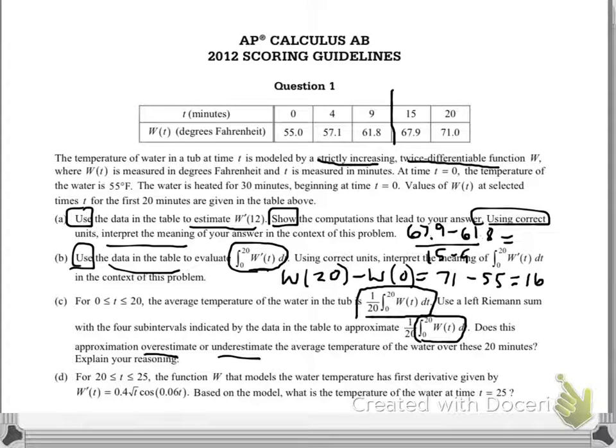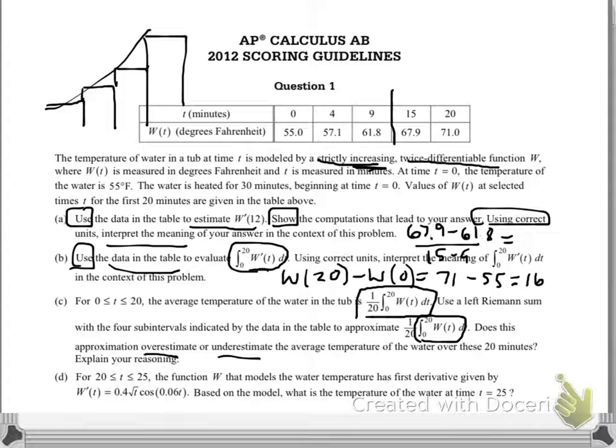In other words, if you were making rectangles, would the rectangles be above or below the function? So all you need to know is whether the function is increasing or decreasing. And they told you that in the beginning. If you forgot, you could plot it. If it's an increasing function, and you're doing left Riemann sums, it's going to be an underestimate of that value.